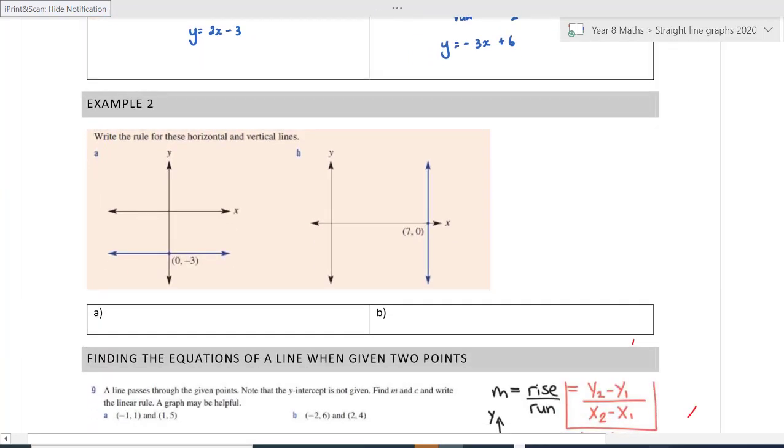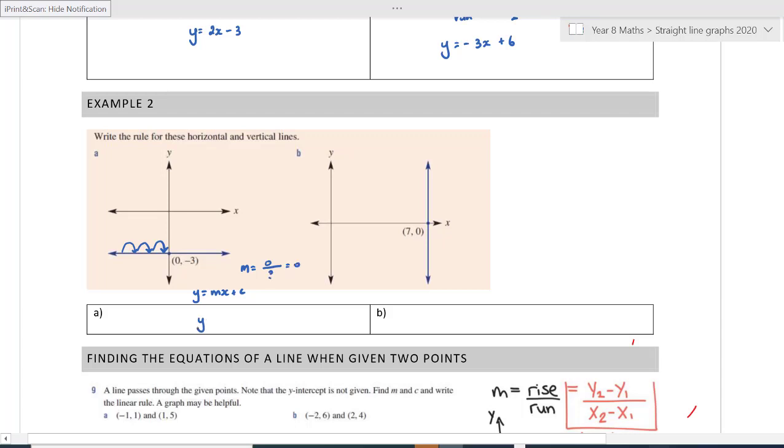Now, you've also got horizontal lines. Remember that, again, we can use y is equal to mx plus c. But notice here, if I've got a line here, it goes across, but it never goes up. So we can say here that the rise is 0. And the run, it doesn't matter what the run is, 0 divided by anything is 0.